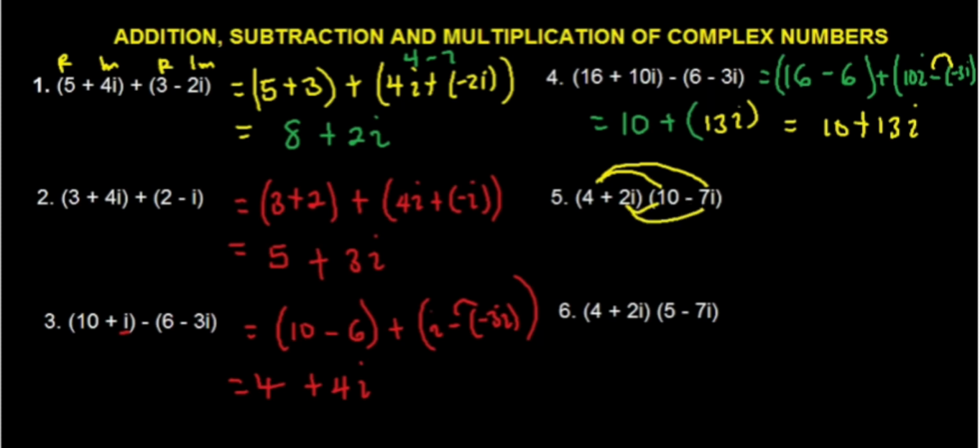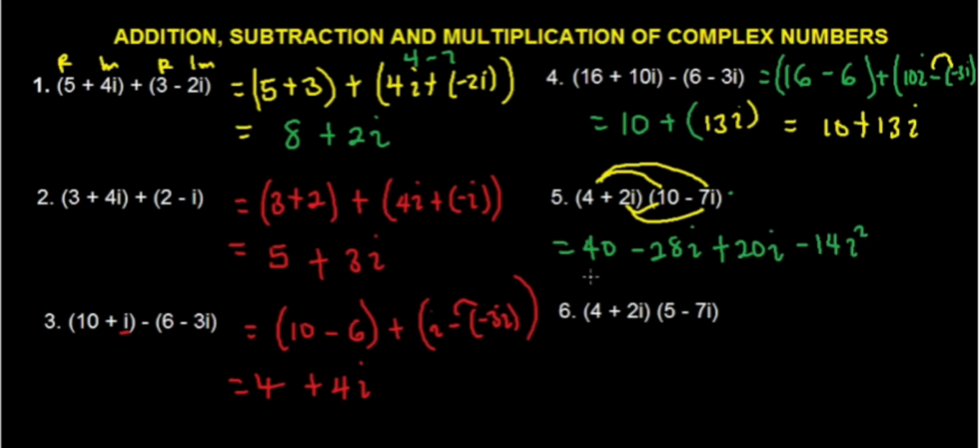Very simple. So if I do 4 times 10, that is 40, then minus 28i, 2i times 10, that is plus 20i, then minus 14i squared. Can you see that now?